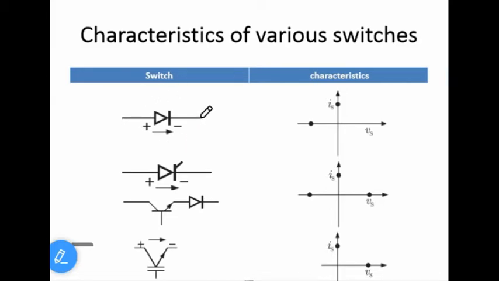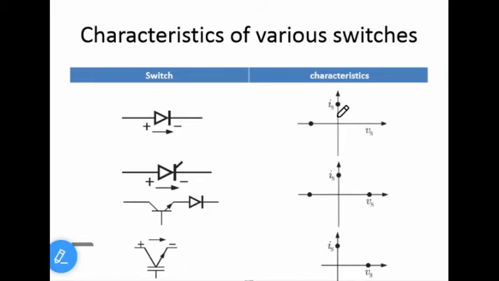Diode is an uncontrolled switch. When the diode is forward biased, it will turn on. When the diode is turned on, the voltage across the diode is 0. Therefore, irrespective of the forward voltage you applied here, the voltage across the diode is 0 and the current passing through the diode is equal to the load current.